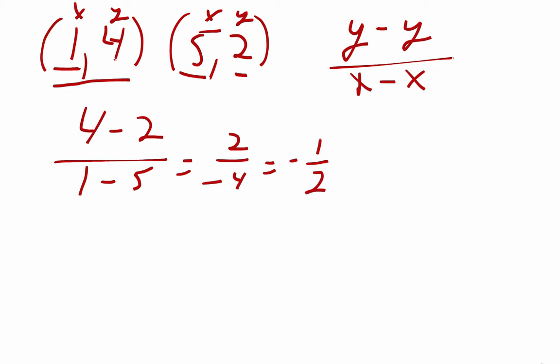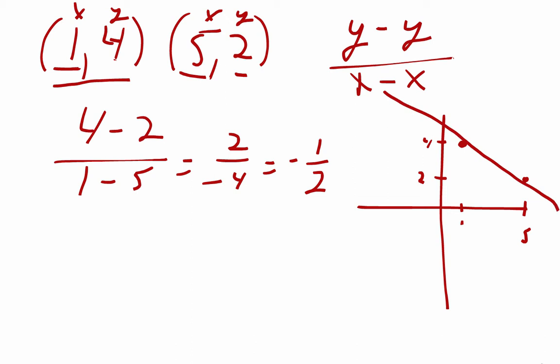If I graph that, I'll just do a real rough sketch. I graph my points, (1, 4), so that's 1, and that's about 4. I put a point there. And I have (5, 2), about there. Those are my 2 points from the beginning. Graph those so you can see that it's a negative slope. That's good because I found out that that's a negative slope.